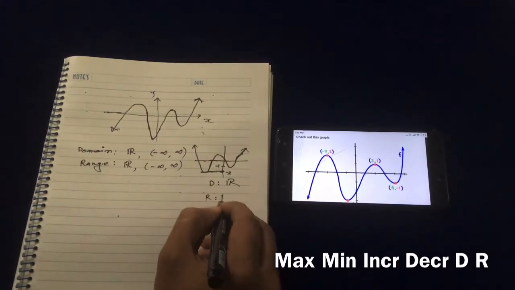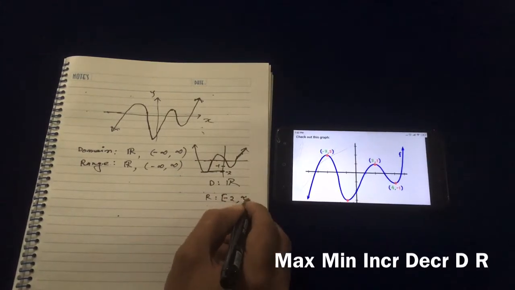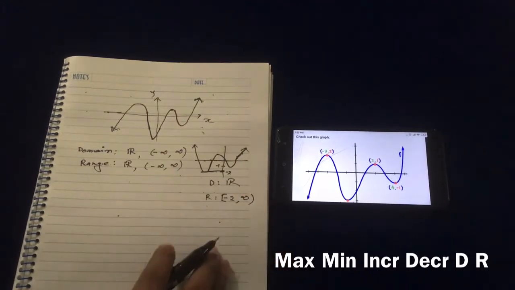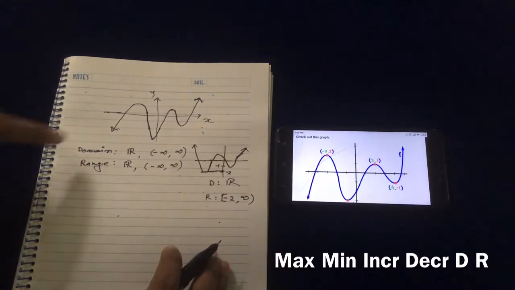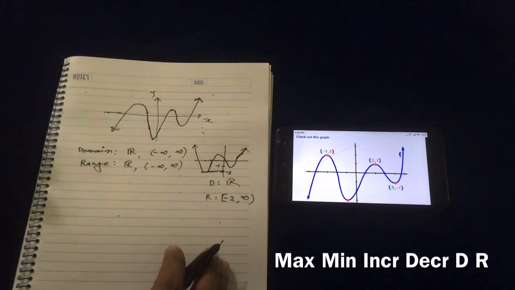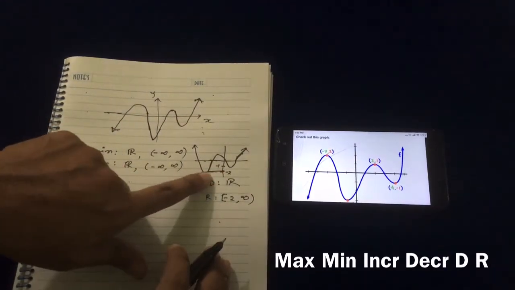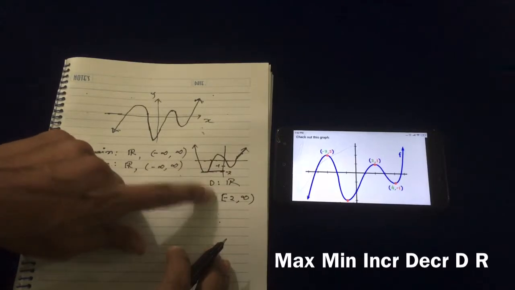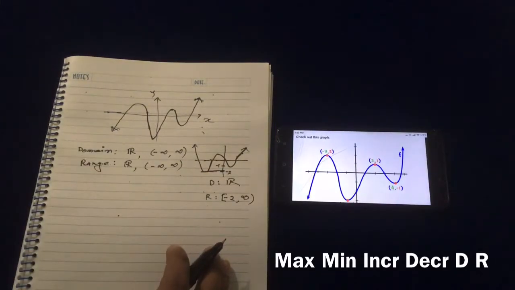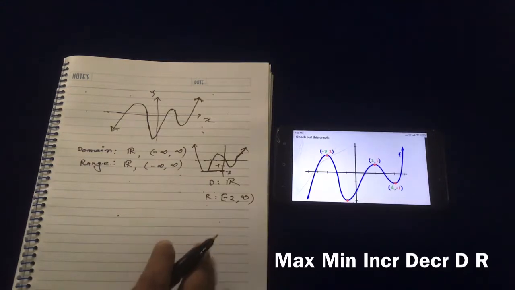Now range is different. Do you see the difference? If it is going in both directions forever, then it is minus infinity to plus infinity. Simple answer. But if it has some stopping point, then we have something different to consider here. Anyway, this is how we can find out the domain and range.